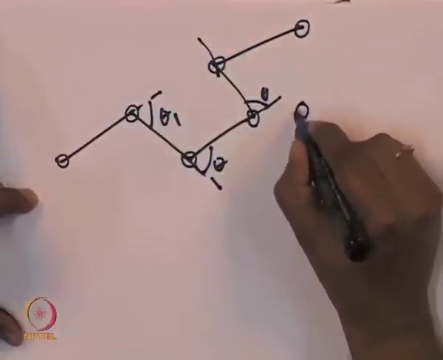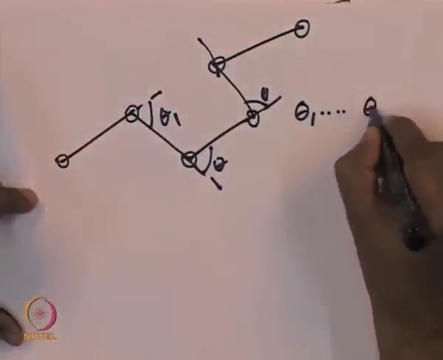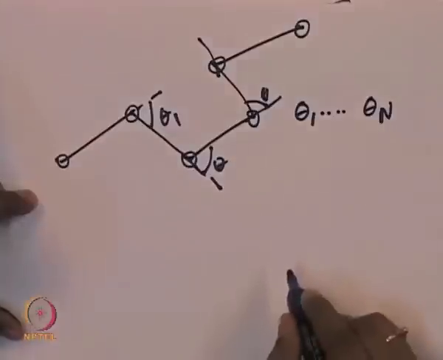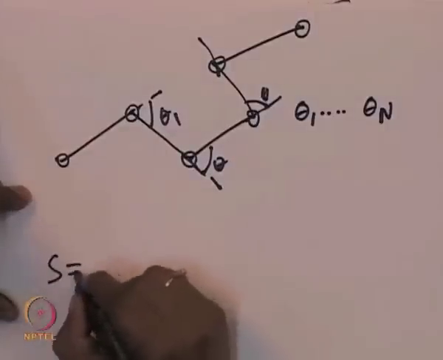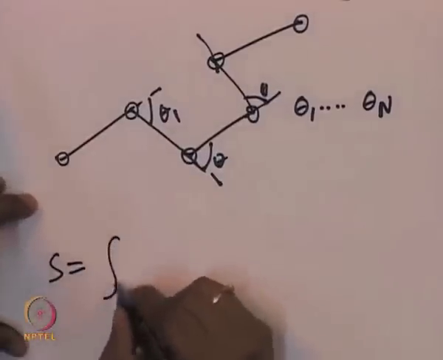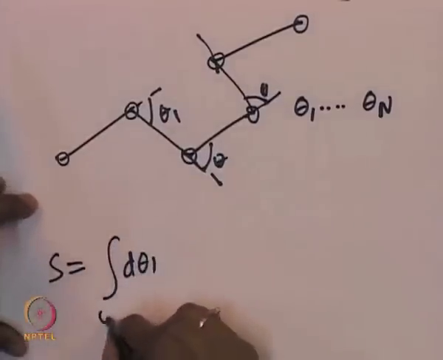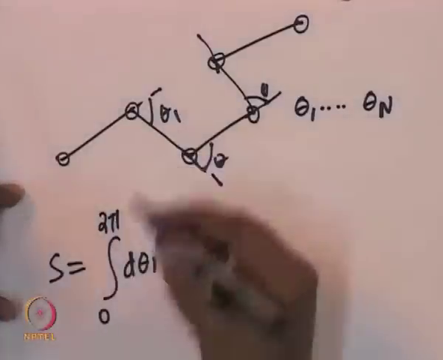So, there will be n angles, theta 1 up to theta n, and the entropy will be given by d theta 1, 0 to 2 pi. Each of these angles can take any value.